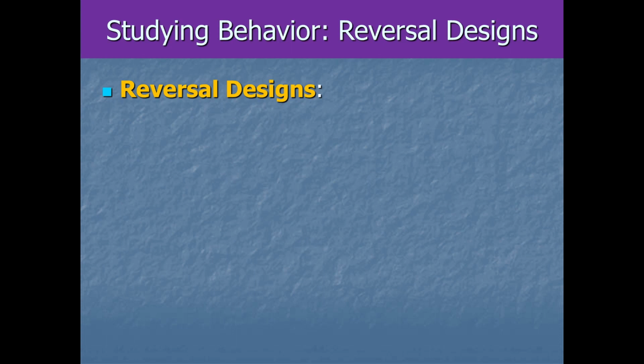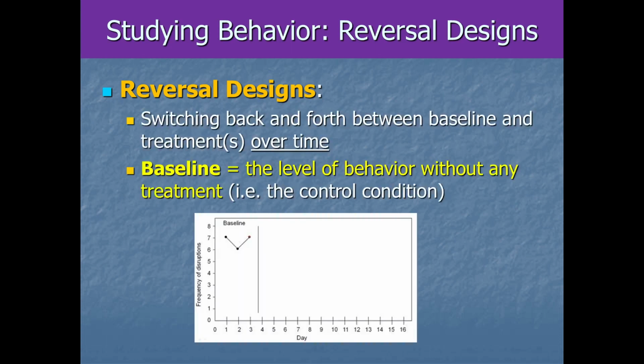So reversal designs are experiments where you're going to switch back and forth between baseline and treatment, or treatments, over time. When I say baseline, I just mean we'll first measure how much the target behavior we're interested in happens without any treatment. So this is our control condition.